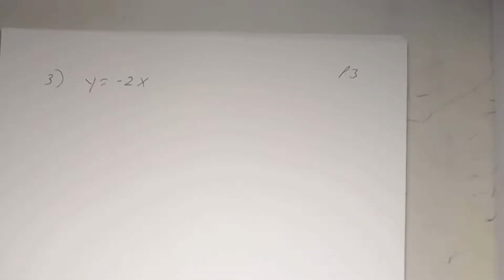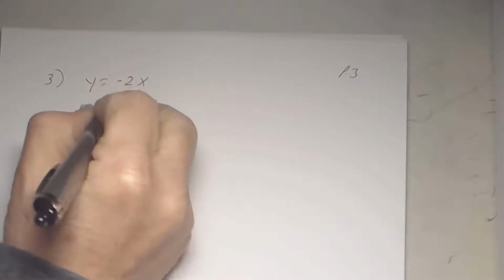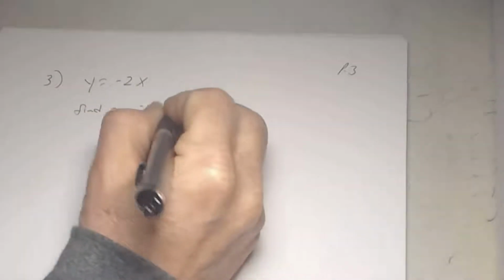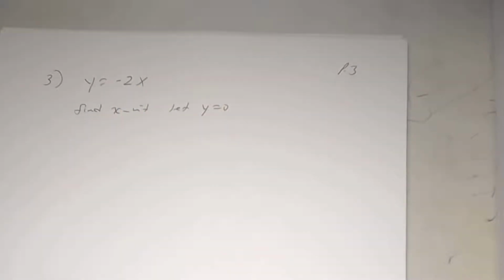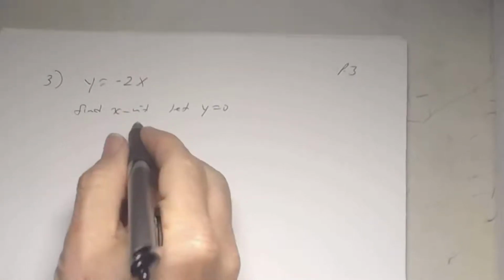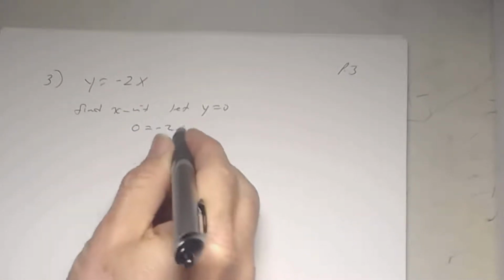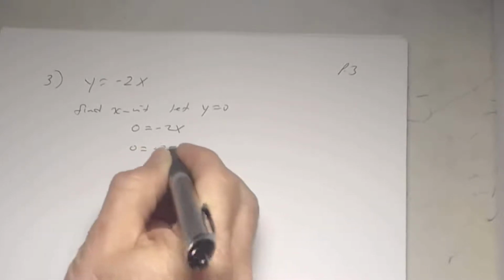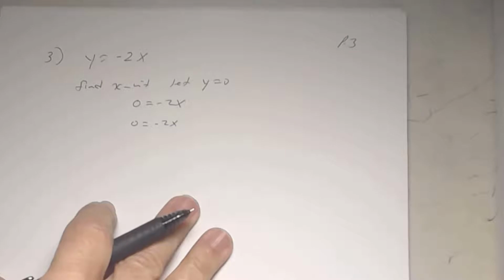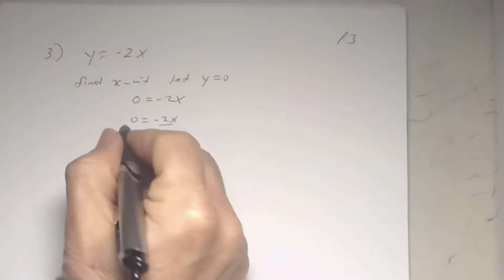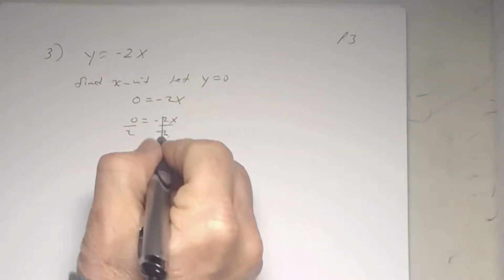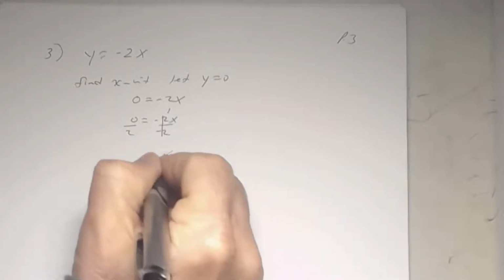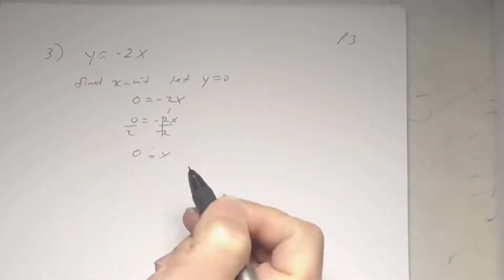All right, so to find the x-intercept, you're going to let y equal 0, correct? Mm-hmm. So if I let y equal 0, what equation do you see? 0 equals negative 2x. Y'all agree? And if I get x by itself, you can divide both sides by negative 2. And negative 2 divided by negative 2 is 1. 1 times x is x. X is what? 0.